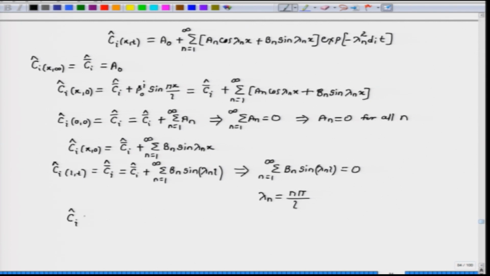So, ψ̂ general at x and t will be given by ψ̄̂ plus the summation n equal to 1 to infinity of bn sin nπx by L times exponential minus λ², which is minus n²π² by L², D t.